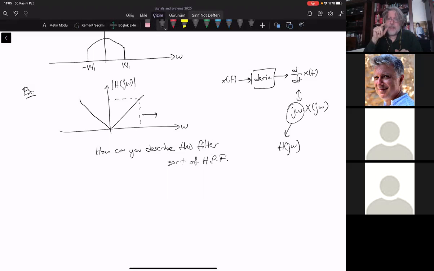Exactly. If you can pass only the first harmonic, and stop all the other harmonics, for a half duty cycle square wave, you may remember that there is a fundamental frequency, omega 0, and the other harmonics are at 3 omega 0, 5 omega 0, 7 omega 0, etc. If you put a cutoff somewhere after omega 0 and apply a low pass filter, you will only have 2 impulses in the Fourier domain.